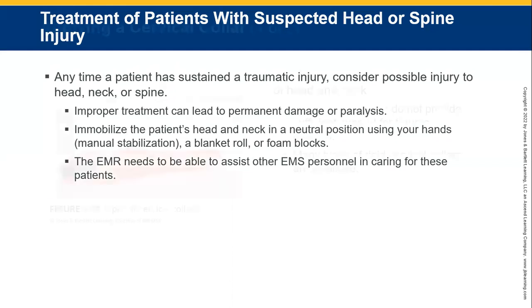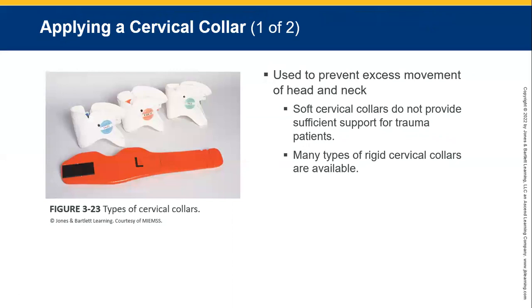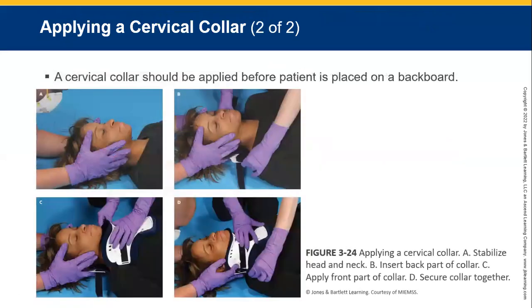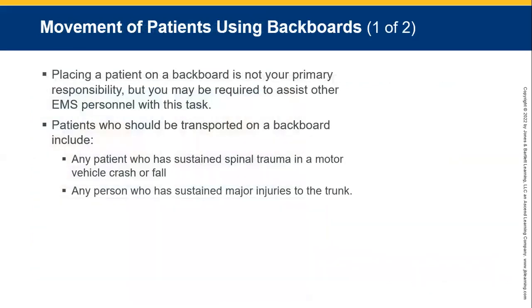If while we're moving the patient, we at any stage get numbness or tingling in the limbs, sharp pain, muscle spasms, if we hear crepitus of bones rubbing against each other, things like that, immediately stop what we're doing and try and immobilize the patient's head and neck in the position we found it, so that you are no longer causing any danger to the patient. Remember, cause no further harm.